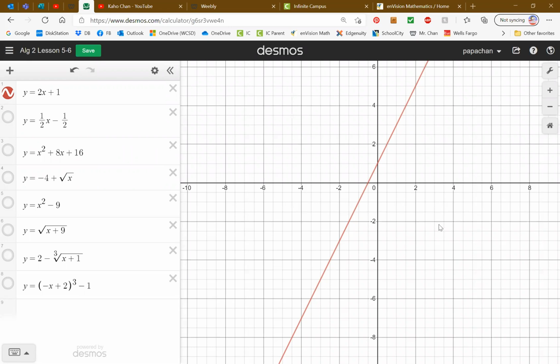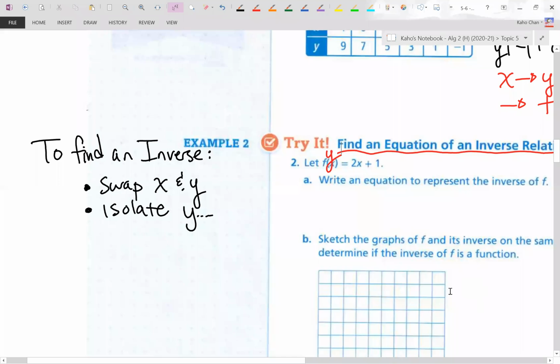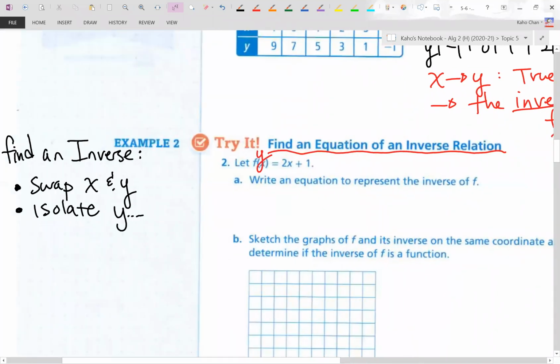Yay. In a moment, after we find the inverse, I will show you what will happen when we graph it. All right. So the rule is to swap x and y. Let's do that. Literally swap it. And isolate y.